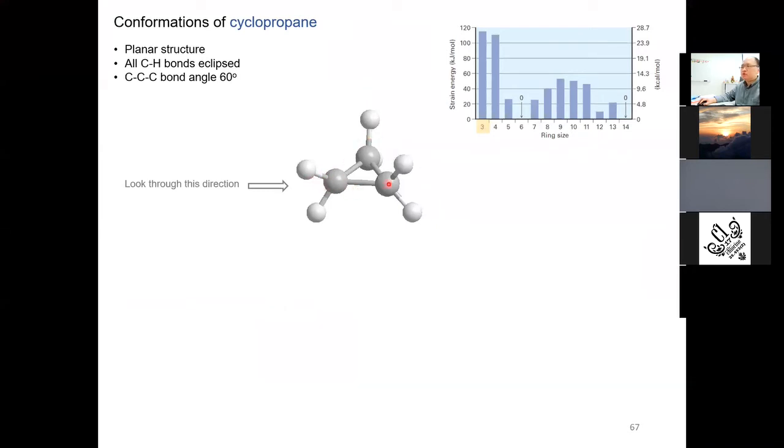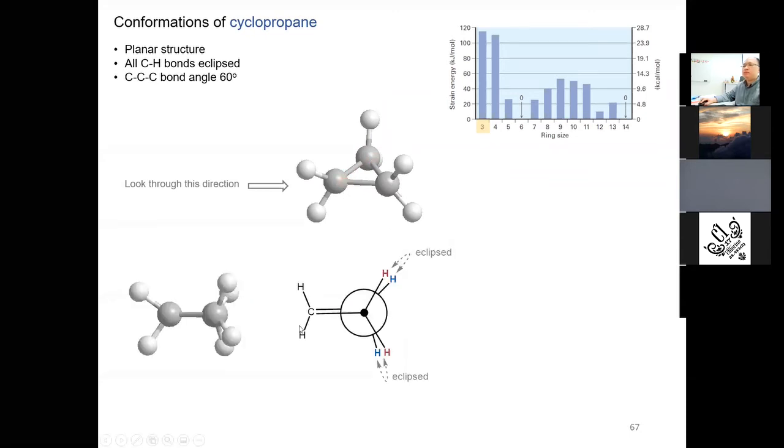All those strains combined make cyclopropane a very strained molecule indeed. If you draw the Newman projection based on one CC bond, although this is not required because it's a cyclic system and only a linear system is required for you to draw a Newman projection, I'm going to just show you here an eclipsed pair of hydrogens and another eclipsed pair of hydrogens here.